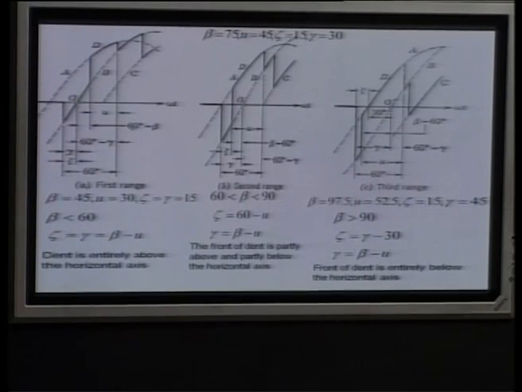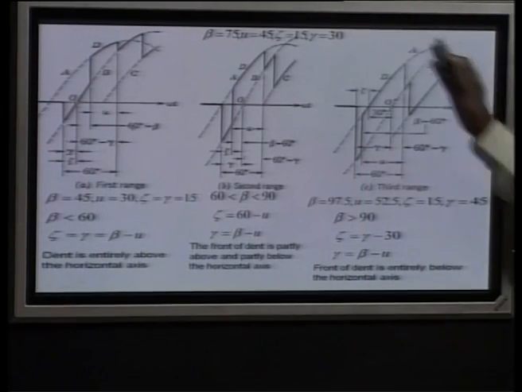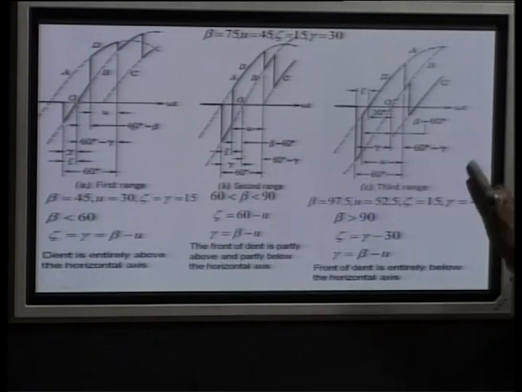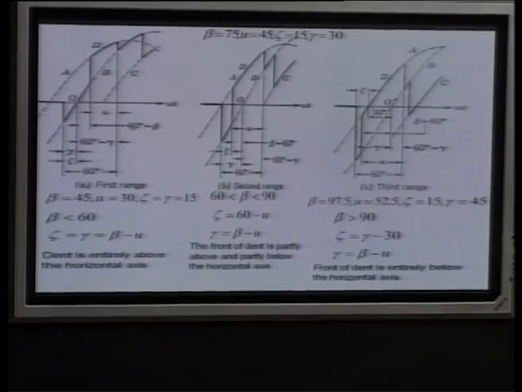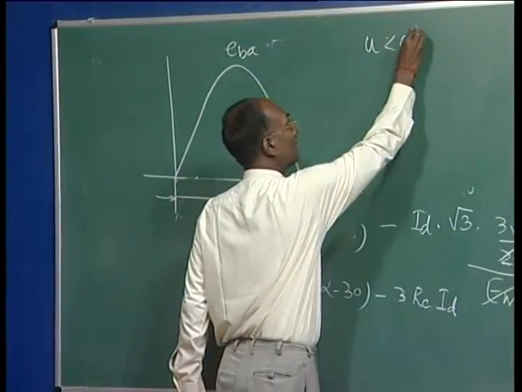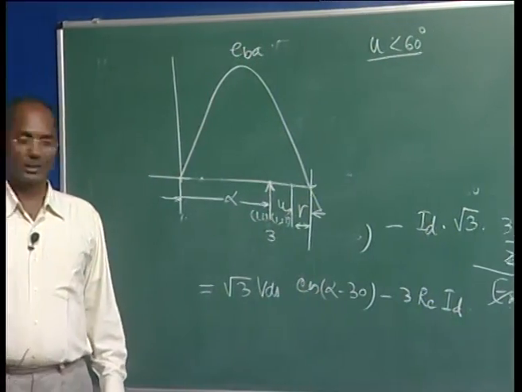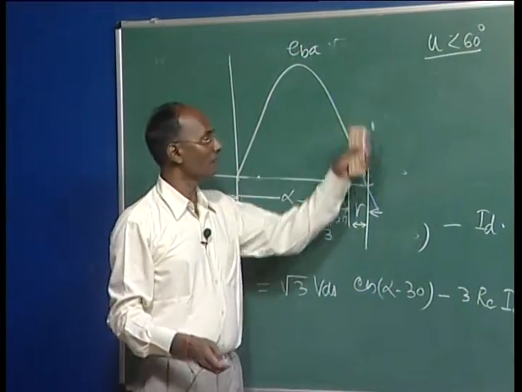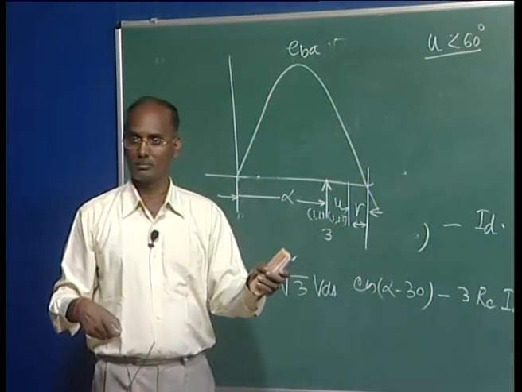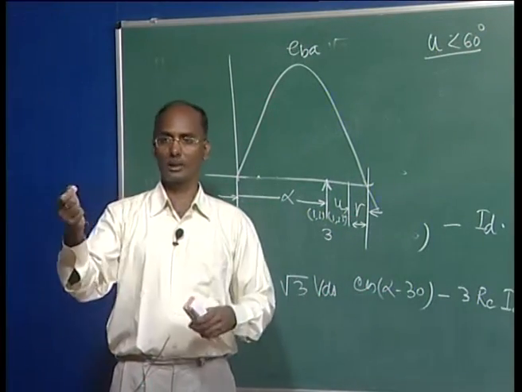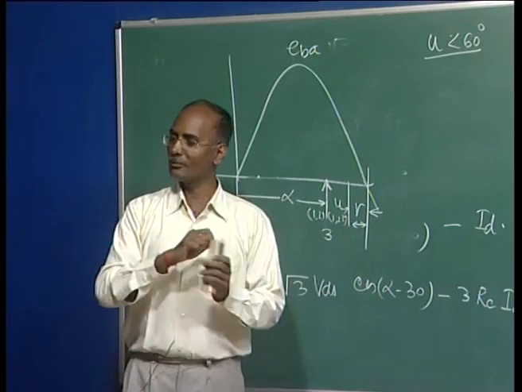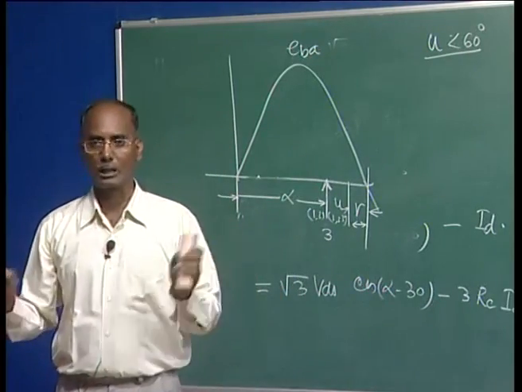As I said, this is only the case when u is less than 60 degrees, because if u is more than 60, then you will find that most of the time the voltage is 0 or negative, there is no dent, and that is a very severe abnormal condition we never allow.